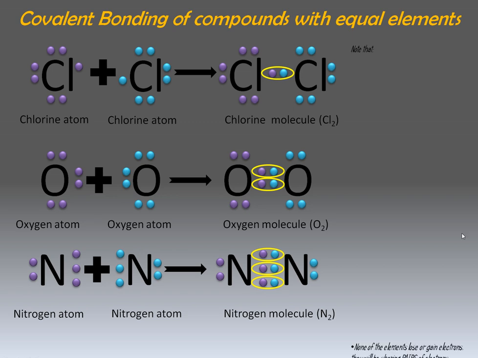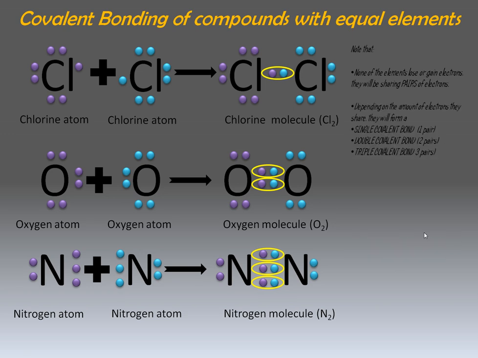In this case, note that none of the elements lost or gained electrons. They will be sharing the electrons, which we call single, double, or triple covalent bond, depending on how many bonds are involved in the molecule.